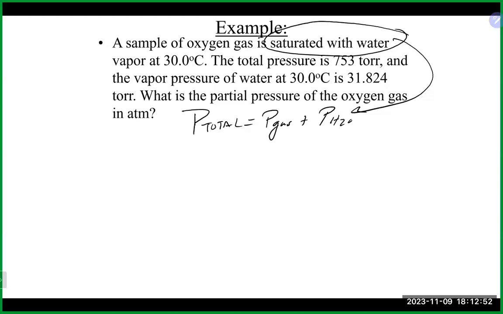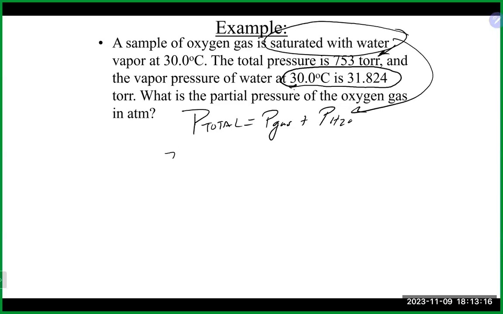It's pretty much that same experiment we just looked at in that picture. If it was not given to you in the problem, which it might not be, you may have to reference a table like we just saw on the previous slide. And we would look it up at 30 degrees Celsius to find the vapor pressure of water. And we are given the total pressure here that I scribbled all over, but I think it says 753 there.